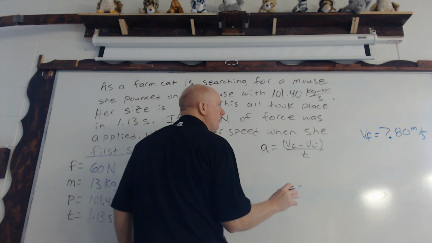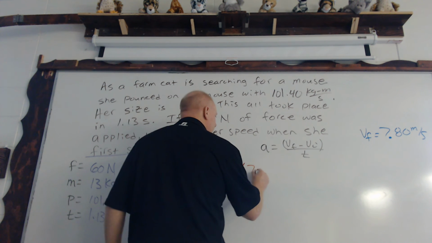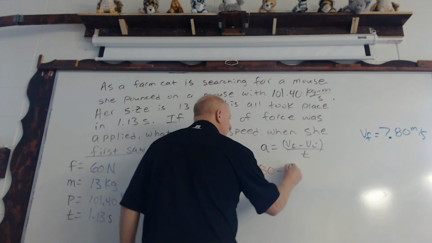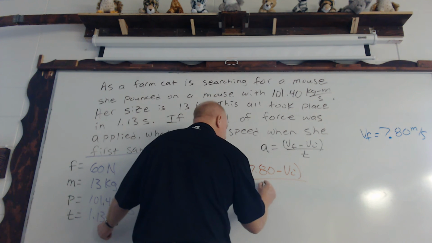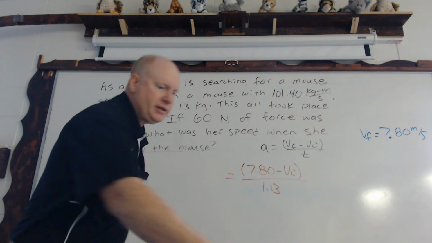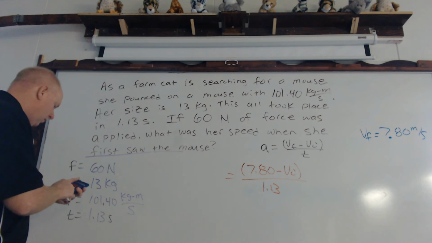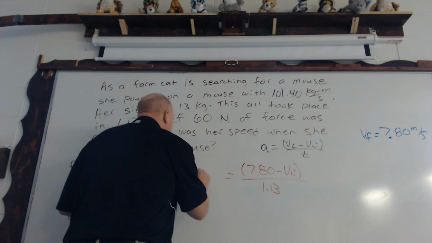That really wasn't very smart, was it? 7.80 minus VI divided by our time, which is 1.13, and I want to say that was 4.62 if I remember. Yes, 4.62.